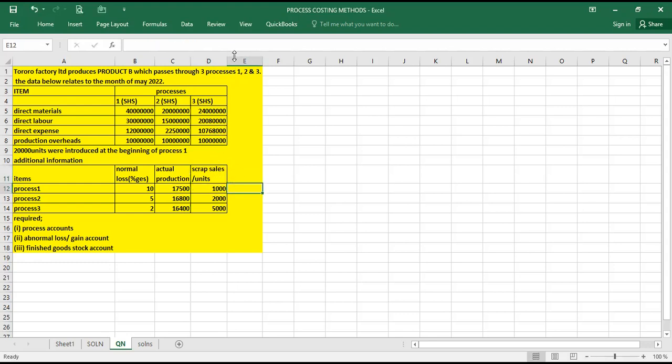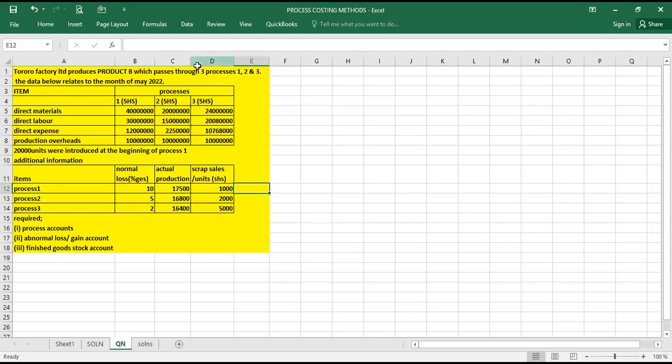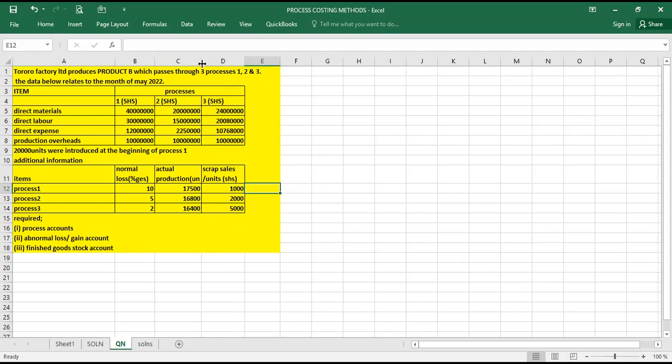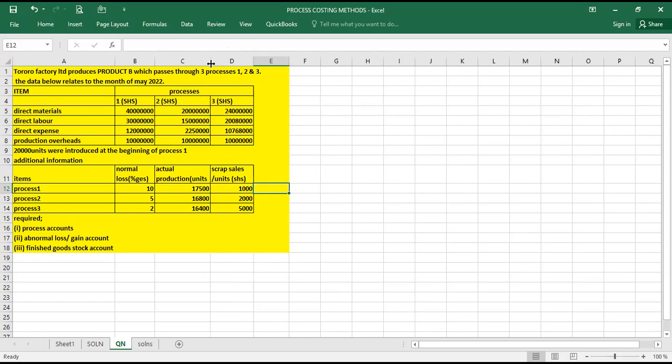I can maybe try to enlarge this so that you can view everything. These are in units. These are in shillings, meaning the whole of the losses we had, they were scrapped. We had no wastages. So hope you can now know the differences.